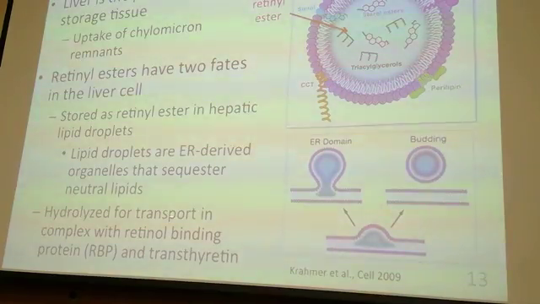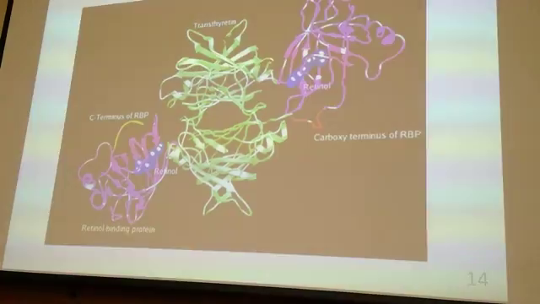So retinyl ester is either going to be stored in these lipid droplets or it's going to be hydrolyzed. We'll release the fatty acid, we'll have retinol, and it'll go out and bind to a serum retinol binding protein and circulate in complex with transthyretin, another circulating protein.